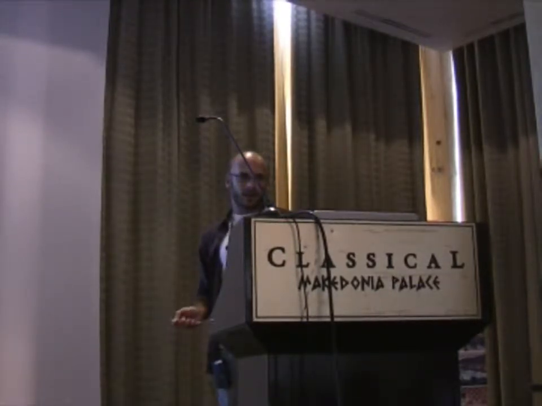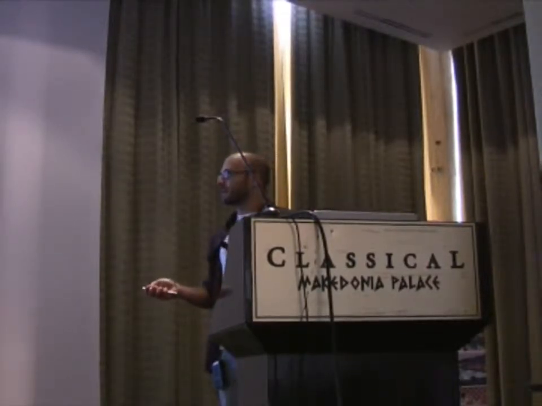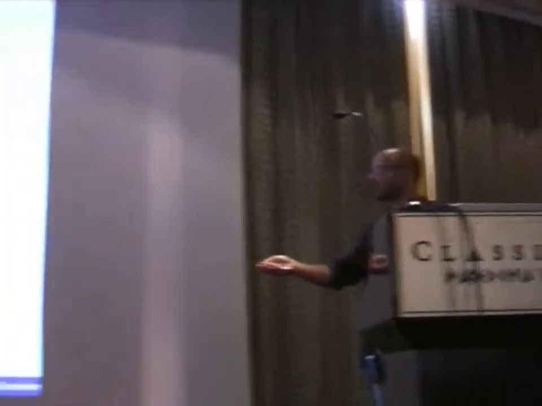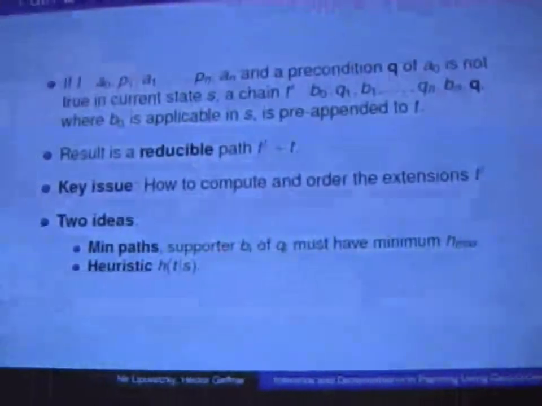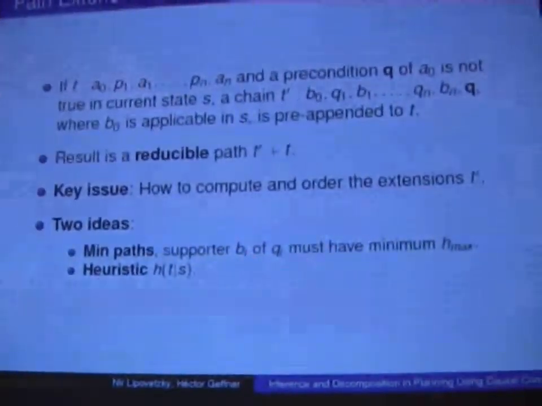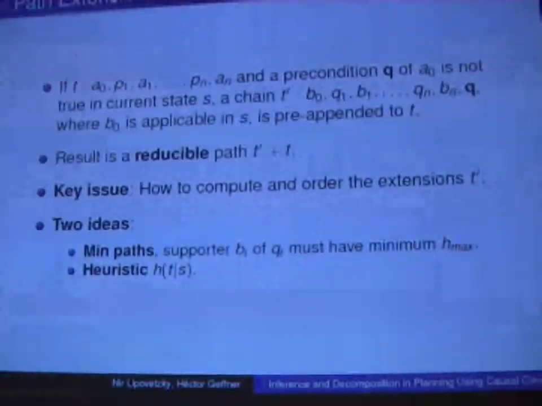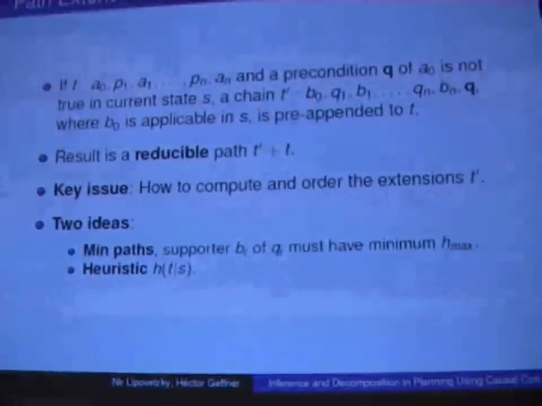So the key issue here is how to compute and order the possible extensions. We have two ideas. The first one is that we only will compute what we call the minimal paths. Minimal paths are the paths in which all the actions support the atoms with a minimum h max, meaning that they are the best supporters.